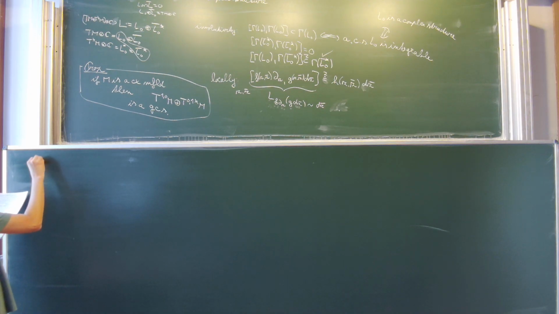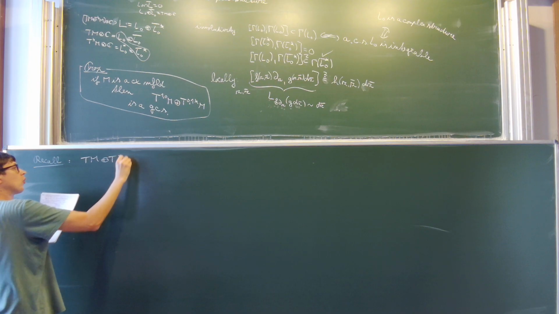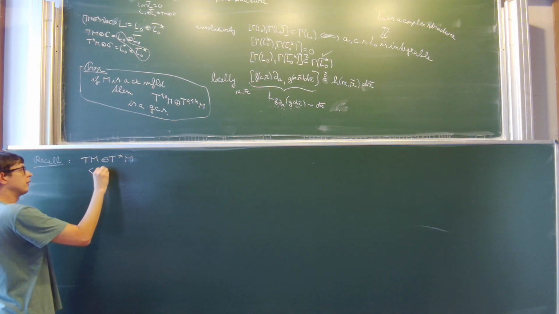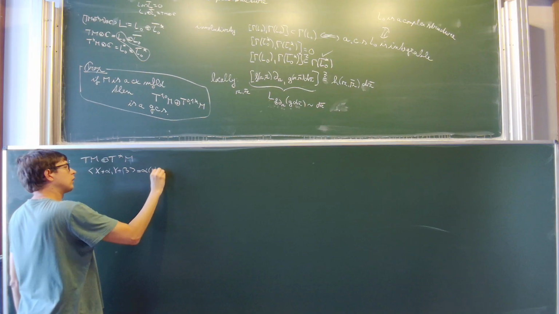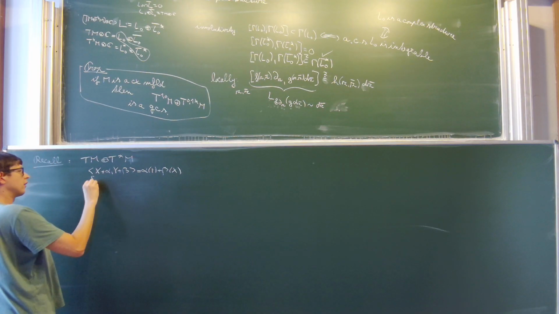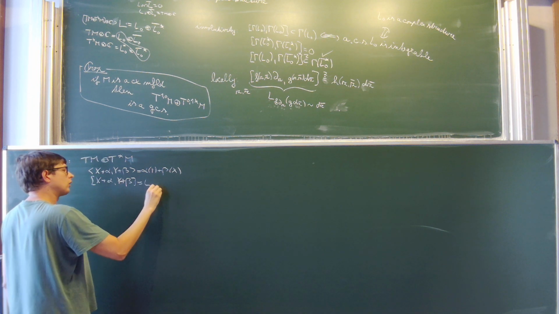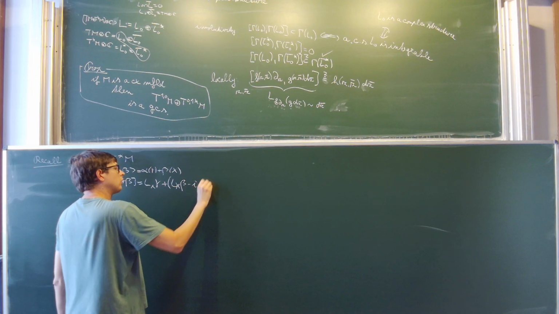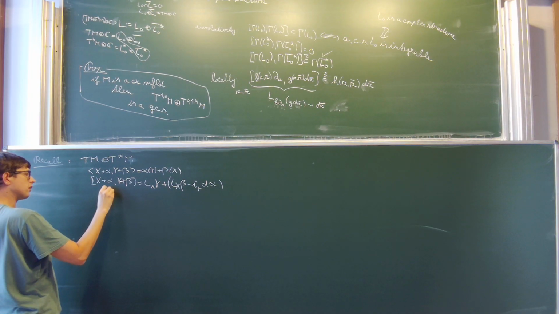Okay, then if not, let me recall what we have. Let's gather the stuff that we have. We have a bundle, TM plus T star M, and we found that there is some potentially interesting structure on it. We have a pairing. We have a bracket. And we have this anchor map that also entered in some of the things that we've seen.